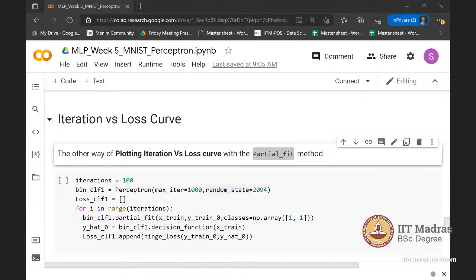And in case of a classification fit, you do XW and then you do np.where, right? If this is within that threshold, then you say either 1 or -1, correct? So what is the difference between this fit and partial fit?